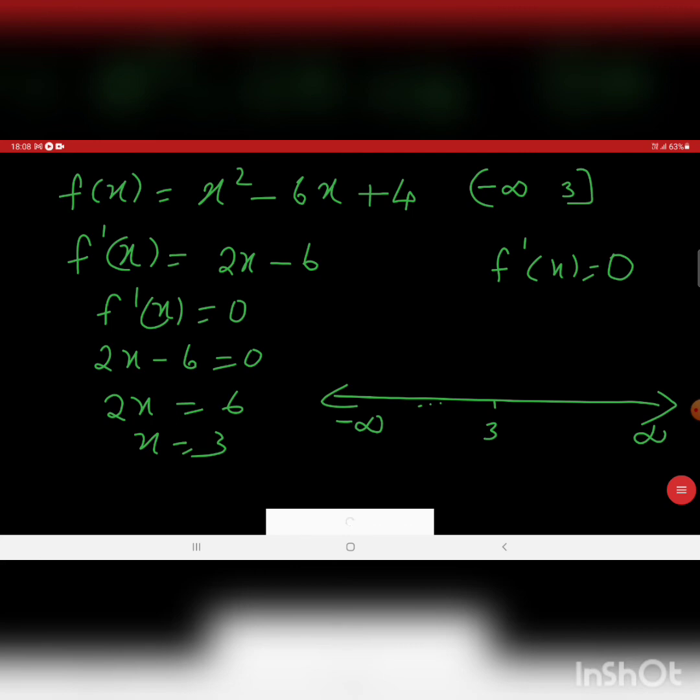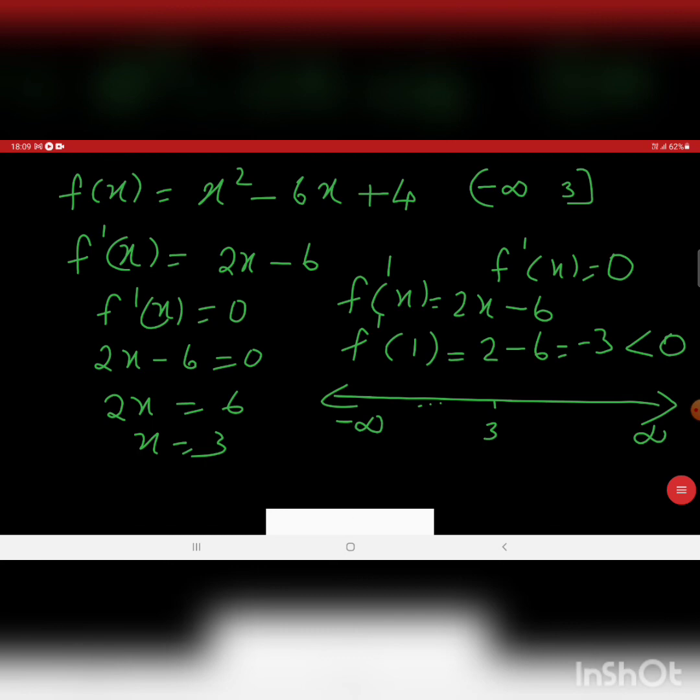So f dash x means 2x minus 6. What is f dash of 1? Replace x by 1. So 2 into 1 is 2, 2 minus 6, that is minus 4. It is less than 0. You have to check for only one element.